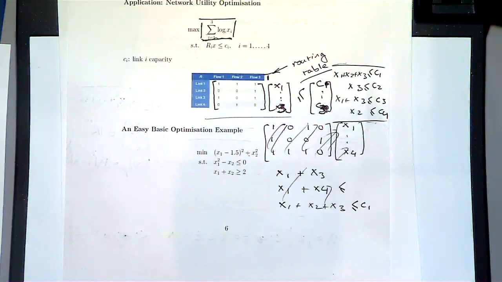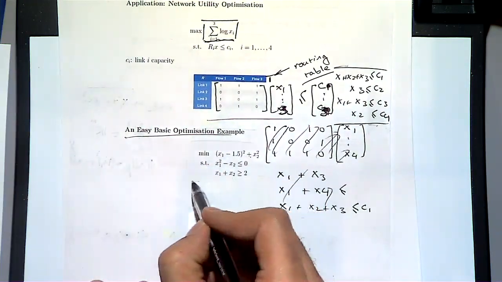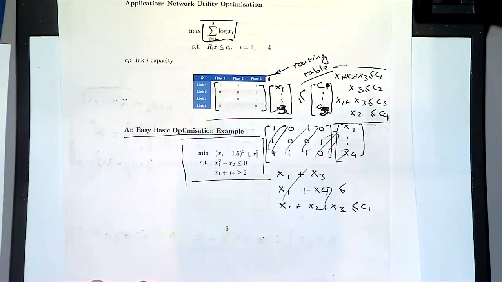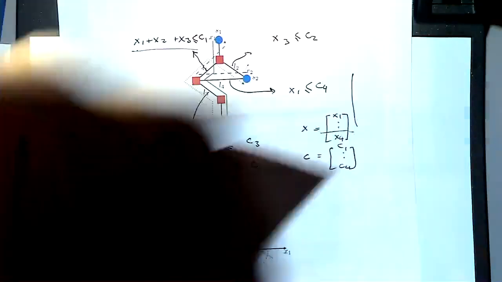Then there is this other problem. It's a basic, simple problem, but it looks a bit different. I want to minimize this quadratic cost subject to these 2 constraints. The cost and the constraints are in 2 dimensions and they have a simple geometric interpretation.